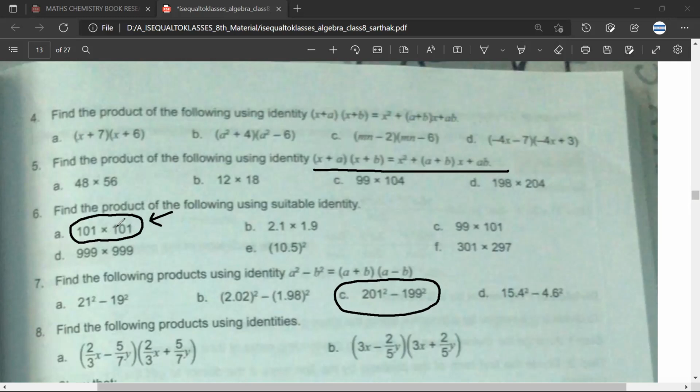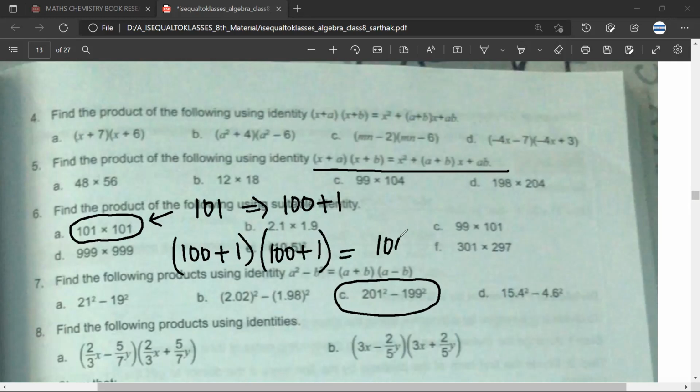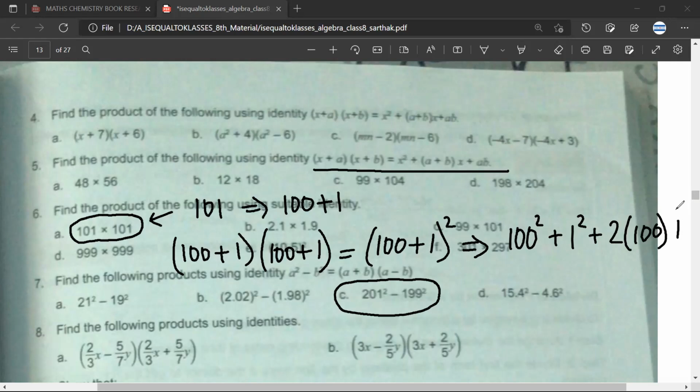So for example, 101 can be written as 100 plus 1. So 101 into 101 can be written as 100 plus 1 into 100 plus 1. And this can be written as 100 plus 1 whole square. And then you can use the identity to solve the question. So 100 square plus 1 square plus twice of 100 into 1. Sarthak, any doubt? No, sir.